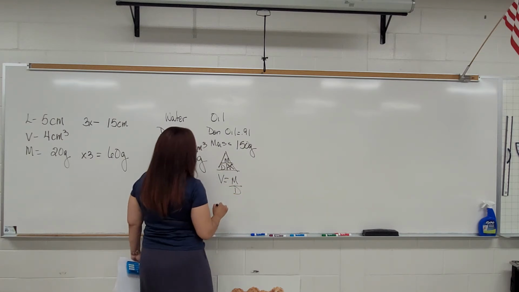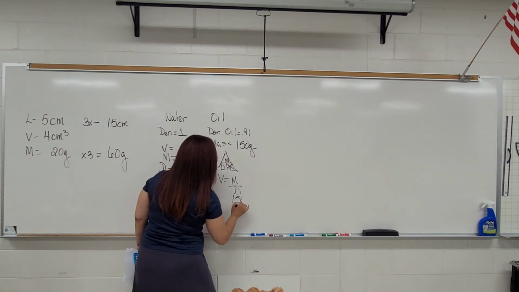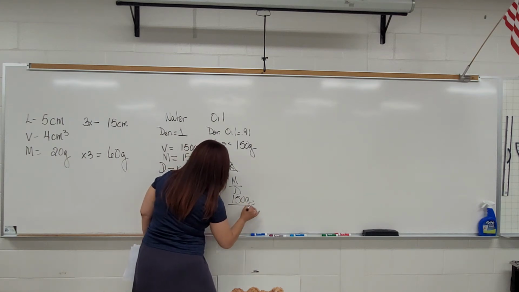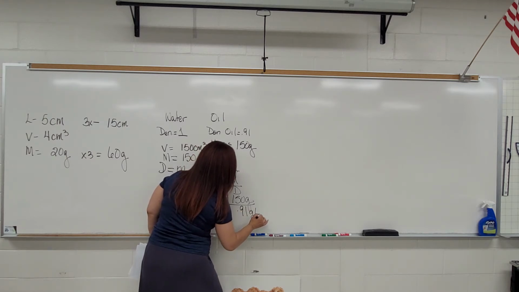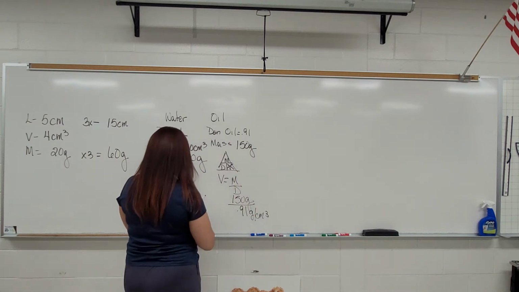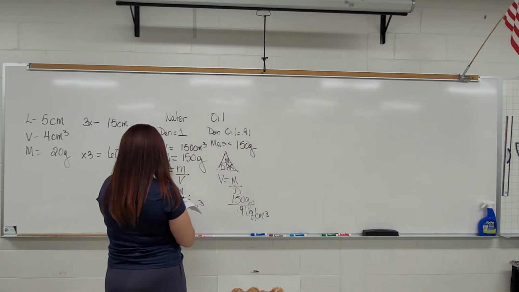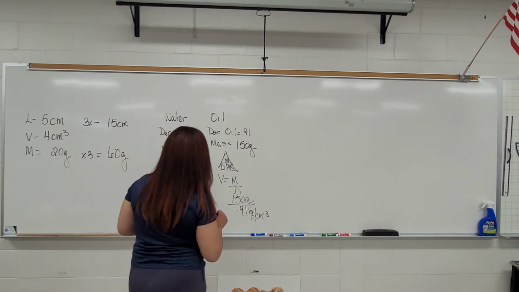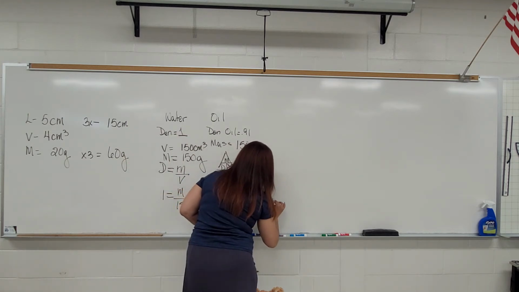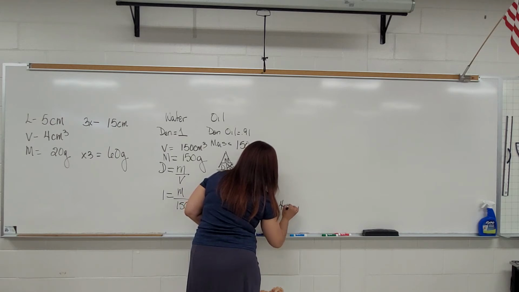It is equal to 150 grams divided by 0.91 grams per cubic centimeter. 150 divided by 0.91 equals 164.8.